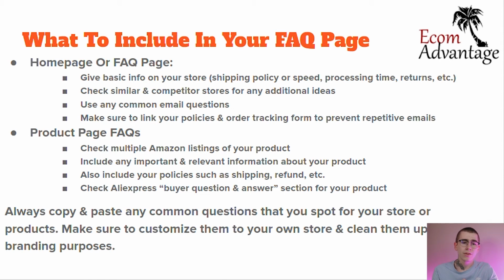You guys can check with similar and competitor stores for any additional ideas that you might have missed in your industry. You guys can use any common email questions because, like I said, this just prevents the question from popping up time and time again in the future. You guys want to link all of your policies that are relevant and include an order tracking form because, like I said, you want to prevent any repetitive emails from popping up.